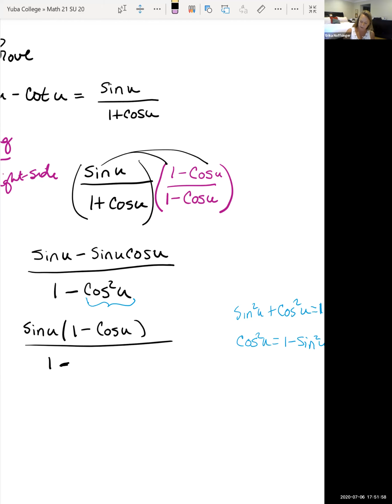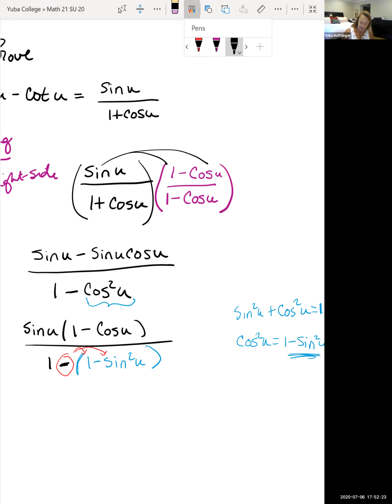So let's put that in here. Instead of cosine squared u, we're going to rewrite it with our other form of our Pythagorean identity, 1 minus sine squared u. So we have to distribute that negative outside the parentheses once we had rewritten cosine squared u inside the parentheses.